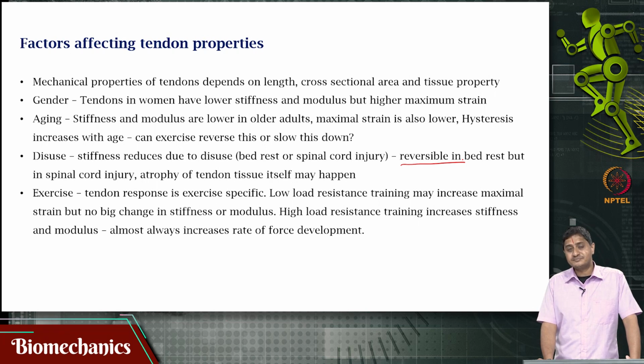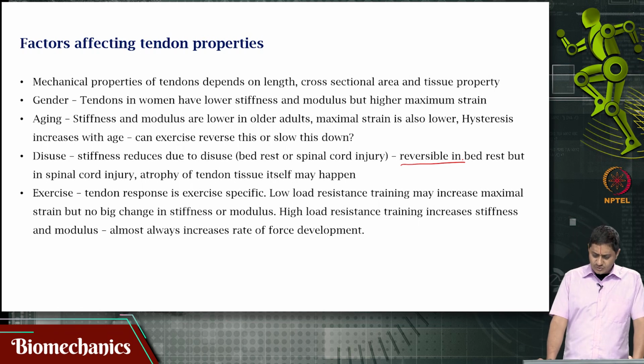At high loads, when you perform high load resistance training, for example 70% maximum, or 80-90% maximum, stiffness and modulus increases. It turns out that in those cases where you increase stiffness through high resistance exercise, almost always the rate of force development also increases.